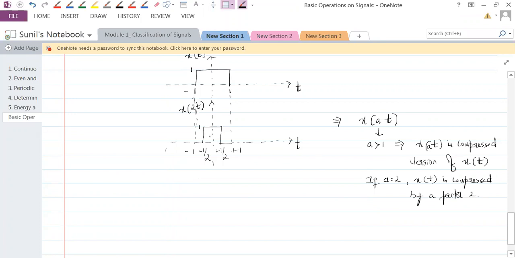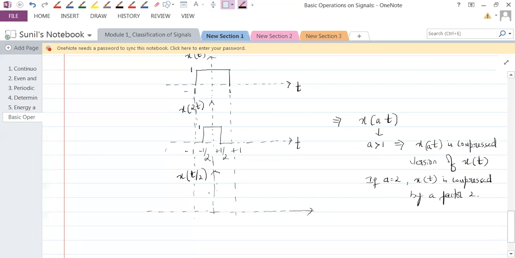Fine. Similarly, if I do this, I'll just extend this down, same lines. Okay, and I'll do this now. Everybody see, instead of multiplying by 2, I'll multiply by half, x of t by 2.